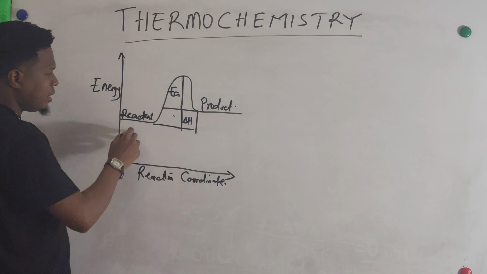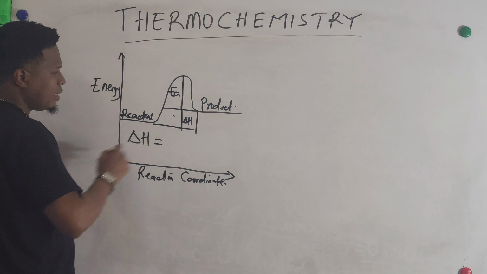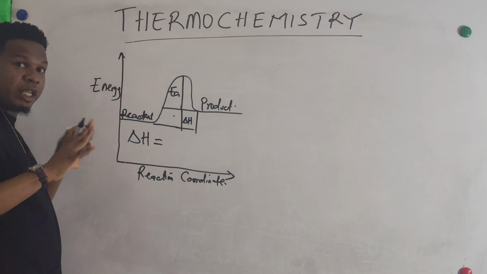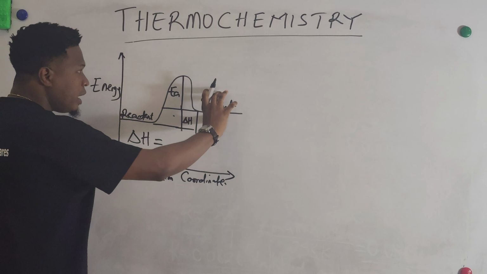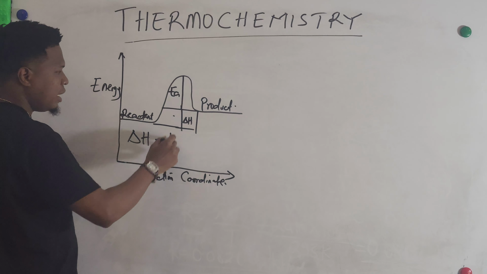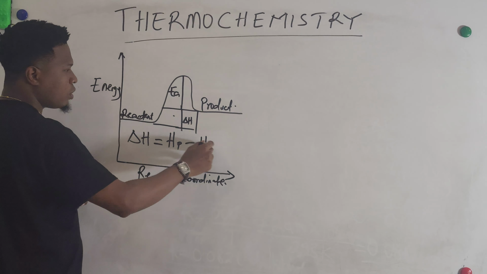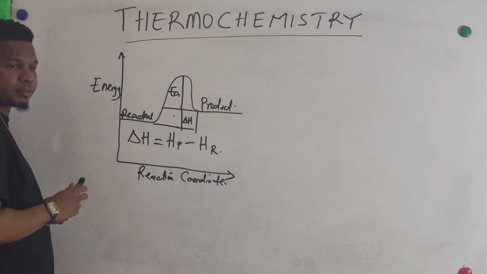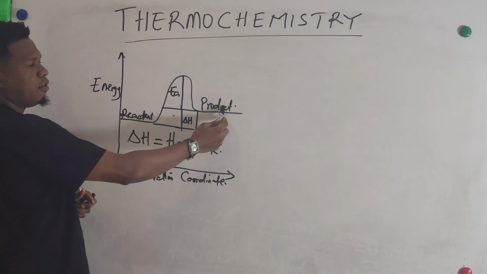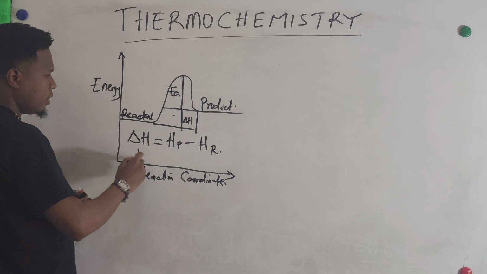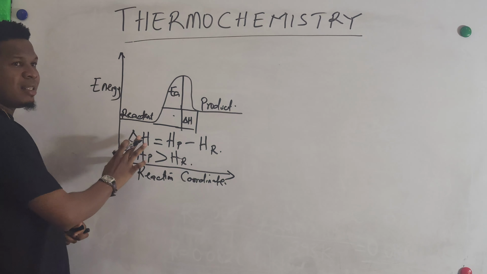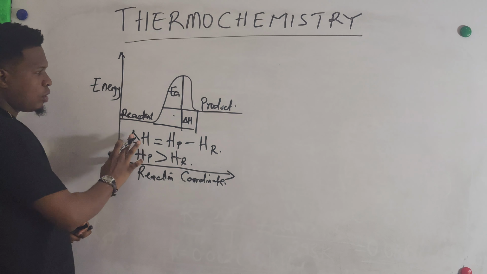We can say that delta H, which is the enthalpy or heat of reaction, is the heat of product minus the heat of reactant. Look at this very well: the heat of the product is greater than the heat of the reactant.